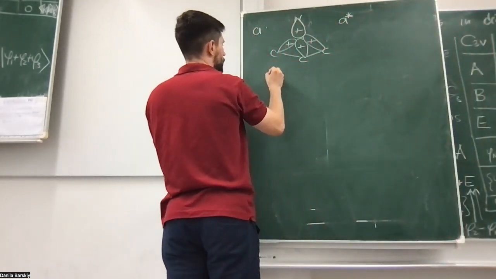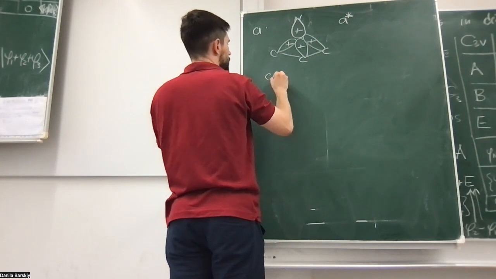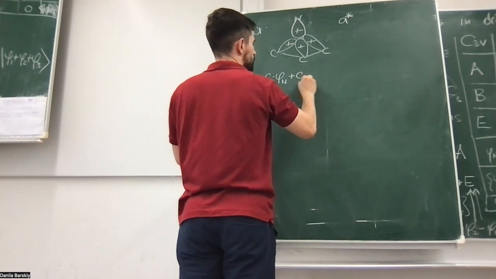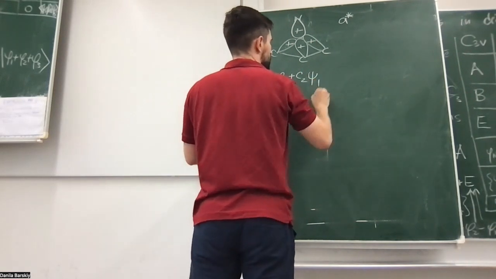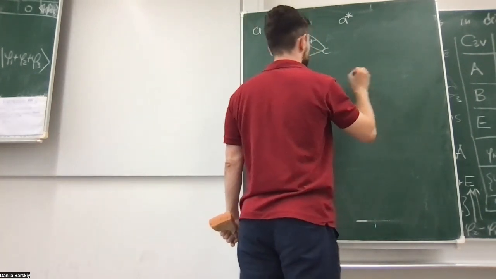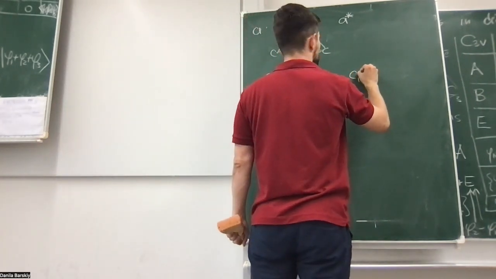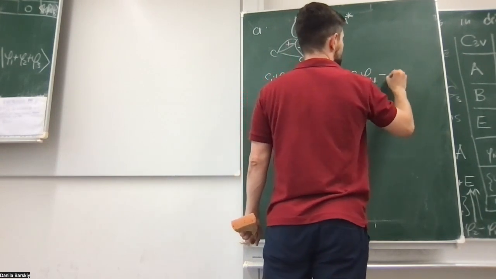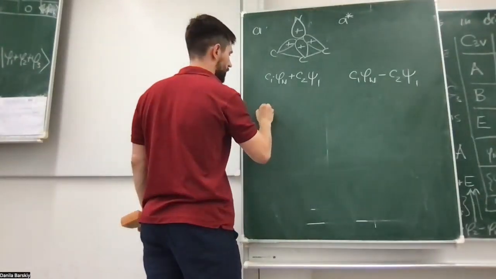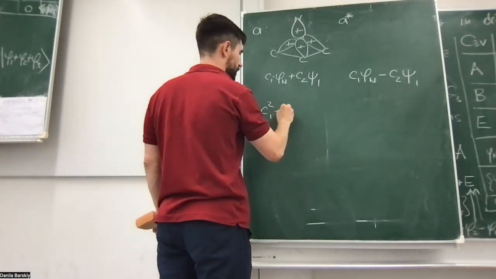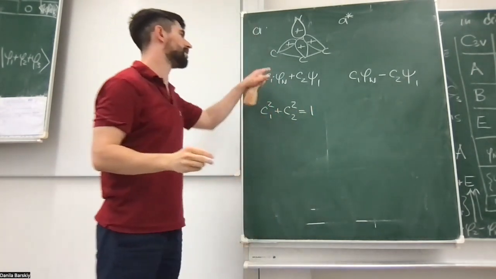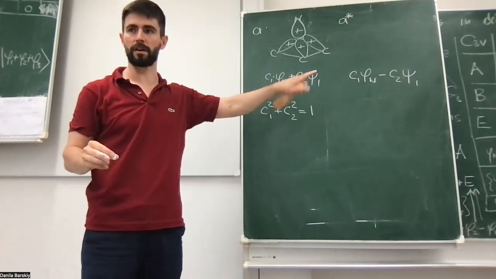But it's going to be some form of, let's call it, C1 times Pn plus C2 times psi1. So that's your combination with positive. And the second combination will have the same coefficient C1 Pn, but then minus C2 psi1. And the only condition that I know for sure is C1 squared plus C2 squared equals one. They're normalized. But exactly how they look, let's not do it.